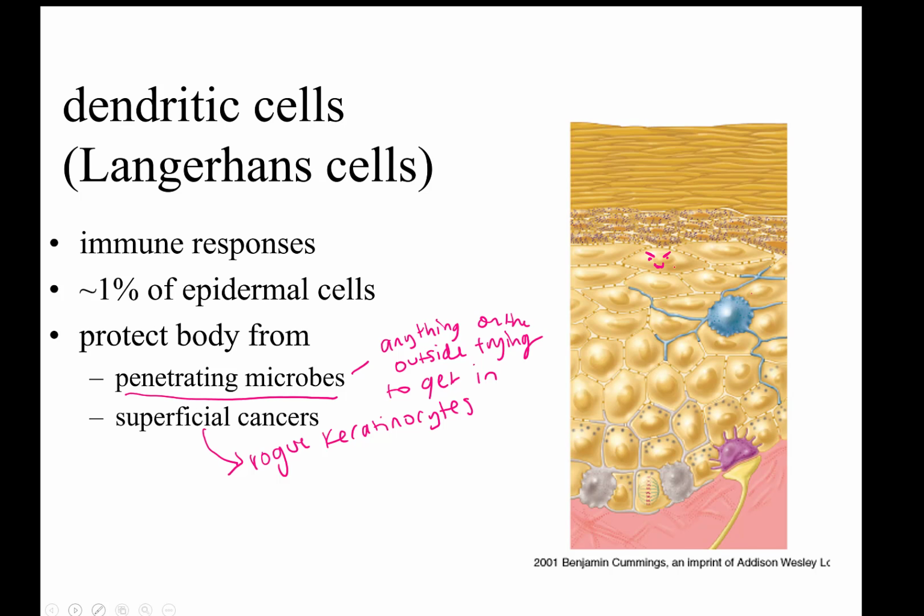It suffered probably some UV damage from the sun that's damaged its nucleus and its nuclear DNA, and that mutation is causing it to divide uncontrollably, or begin to. The dendritic cell can sense this, and what it's going to do is go engulf the offending cell, and it'll drag the offending cell to the nearest lymph node.